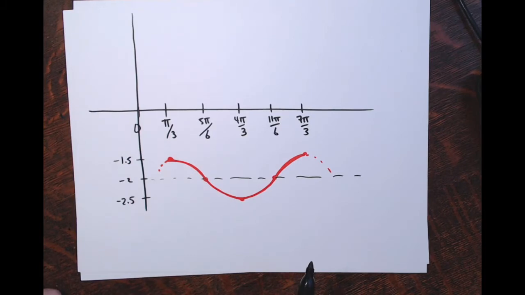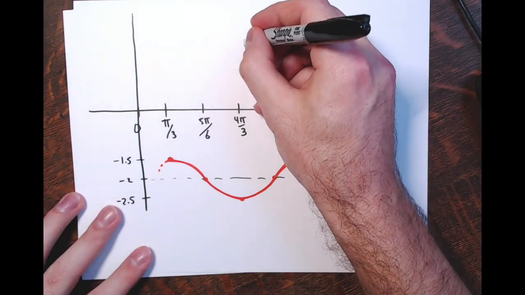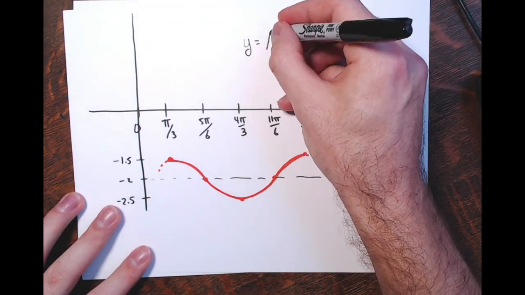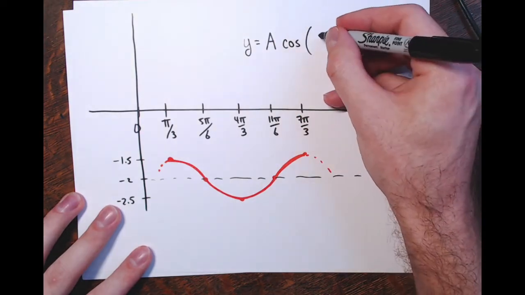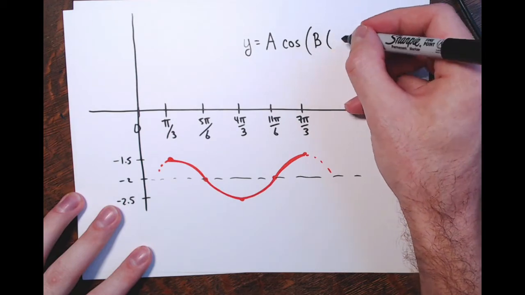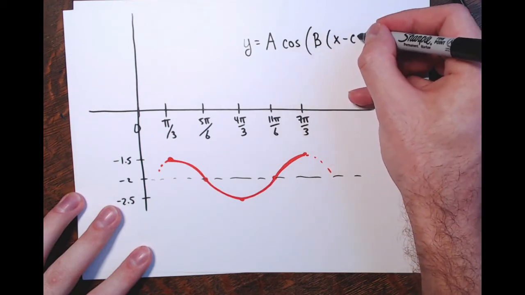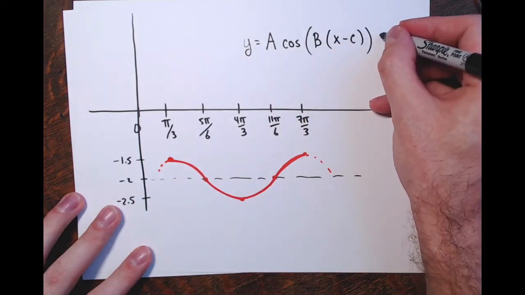Alright, so again, we're trying to fill in this equation. Y equals some number times the cosine of another number times the quantity x minus another number, and then after all that plus some other number.